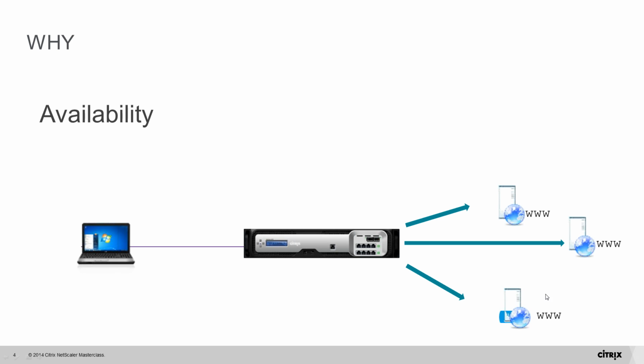However, if this backend server has a problem, or let's say it's a Microsoft box or an Apache box, Linux, and you need to patch it to close some vulnerability, the system may need a restart. You're going to need to send traffic somewhere else. So one of the things we can do is gracefully shut down this backend web server.